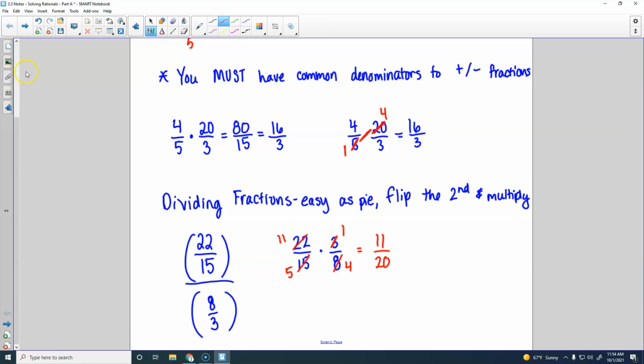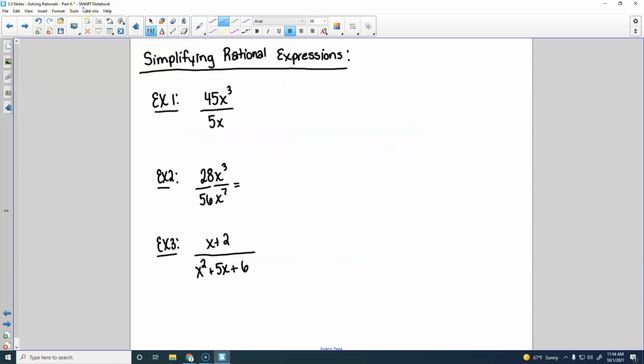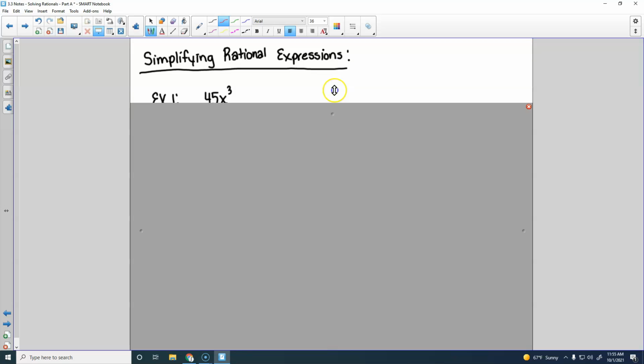All right, so let's look at some stuff that actually applies to our class here. So for example 1, we've got 45x to the third over 5x. Put this up here so we're looking at one at a time.